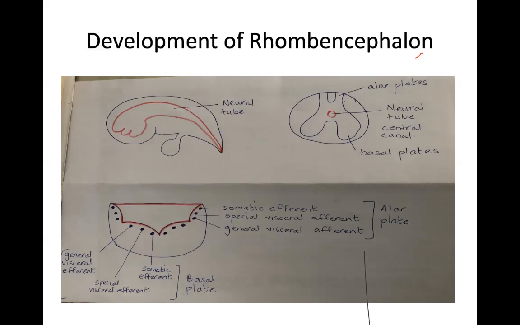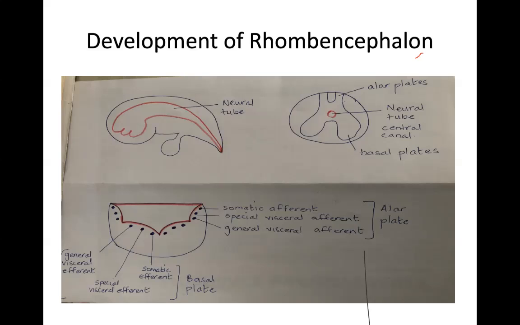Now, in the next diagram, I have drawn the spinal cord like we see it. It's a very simple diagram. Maybe I've missed some of the anatomical details, but right now I wanted to show you that yesterday we talked about alar and basal plates.